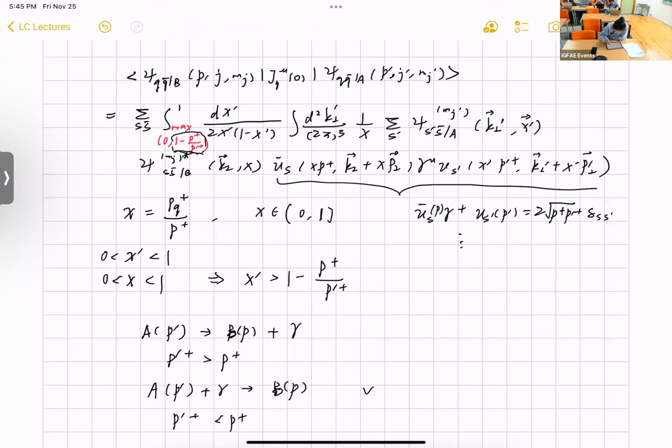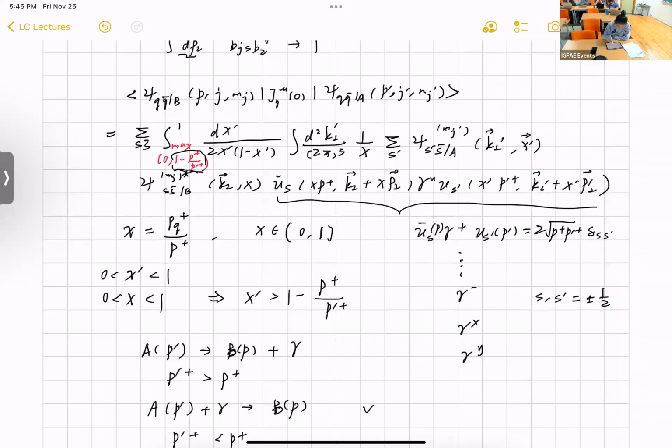Okay. So you can do all this with mu equal to minus and the transverse one, and you can generate a table with different S and S prime. And now you would get everything you need to evaluate the hadron matrix element.